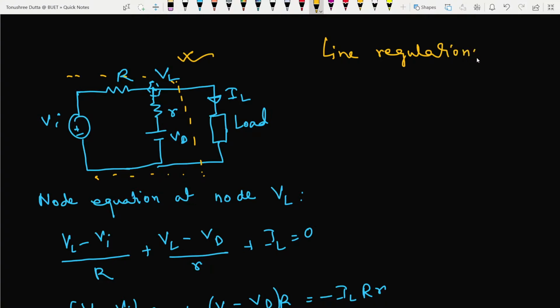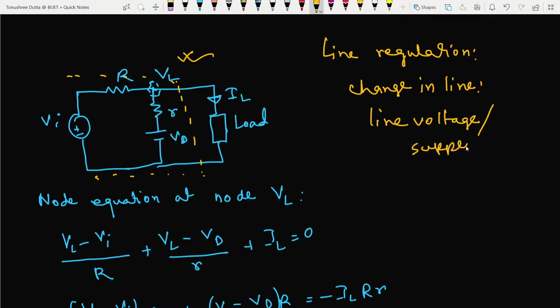actually works with the change in line. That means if there is any change in the line voltage or the supply voltage, then how does the output voltage act with the change?